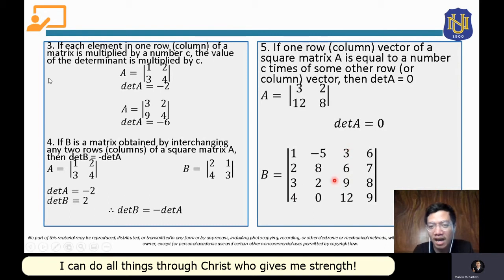So this third column is just the first column multiplied by 3. From here, we can apply our fifth property and say that the determinant of B is equal to 0. This property can be very useful. You just have to observe the elements in the matrix.